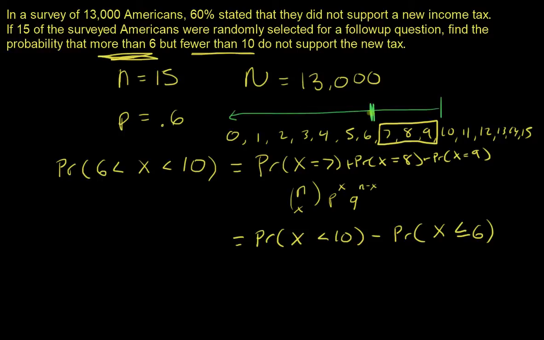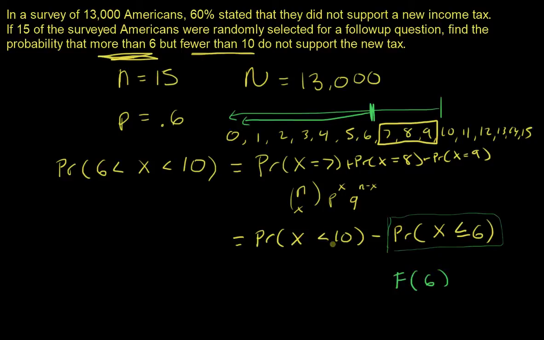That would just leave me with 7, 8, 9 again, right? This less than or equal to is a CDF, right? We could look this up in the table.